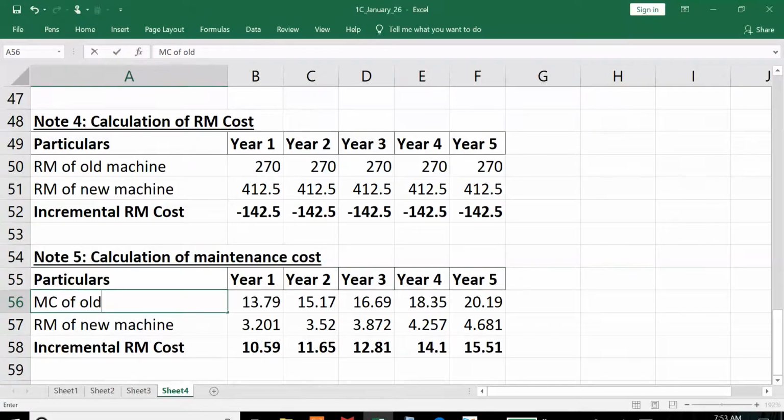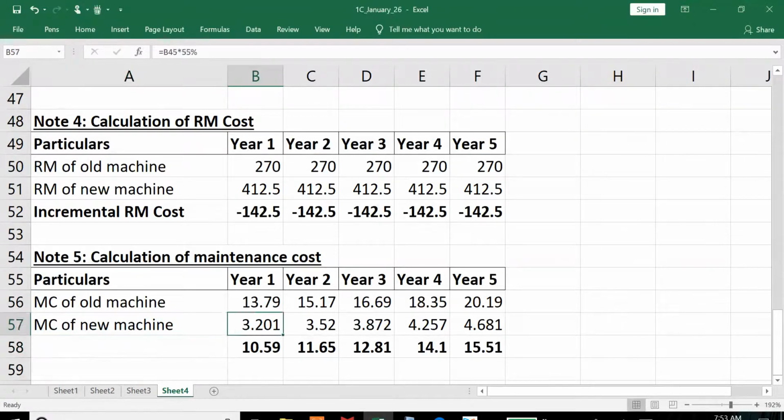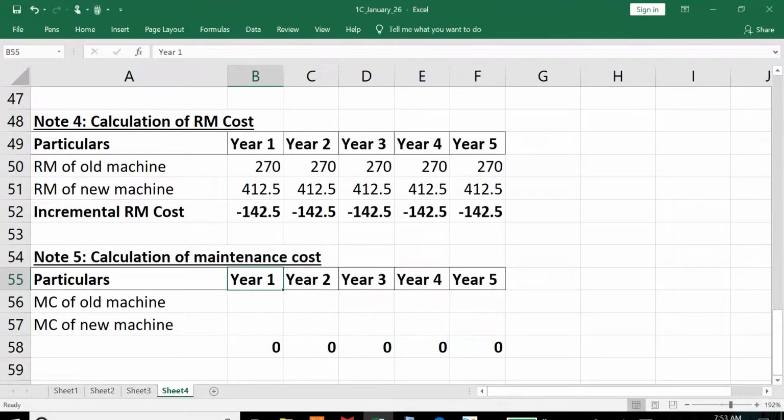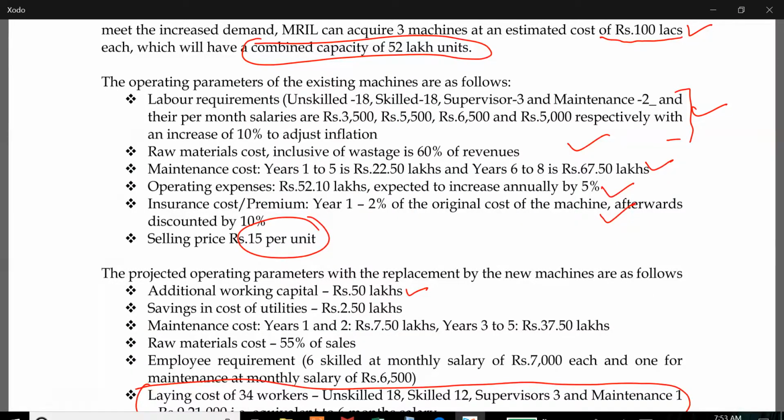Maintenance cost of old machine, maintenance cost of new machine, and whether it is extra or saving we'll see. What is the maintenance cost of old machine?